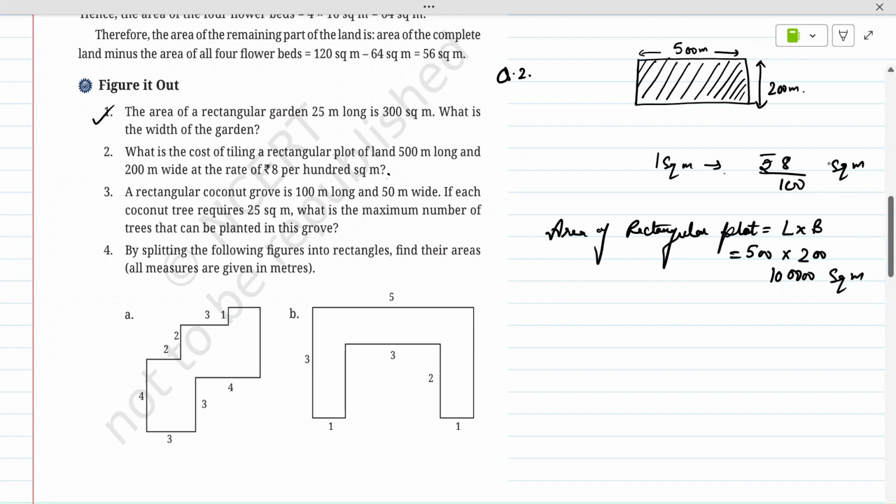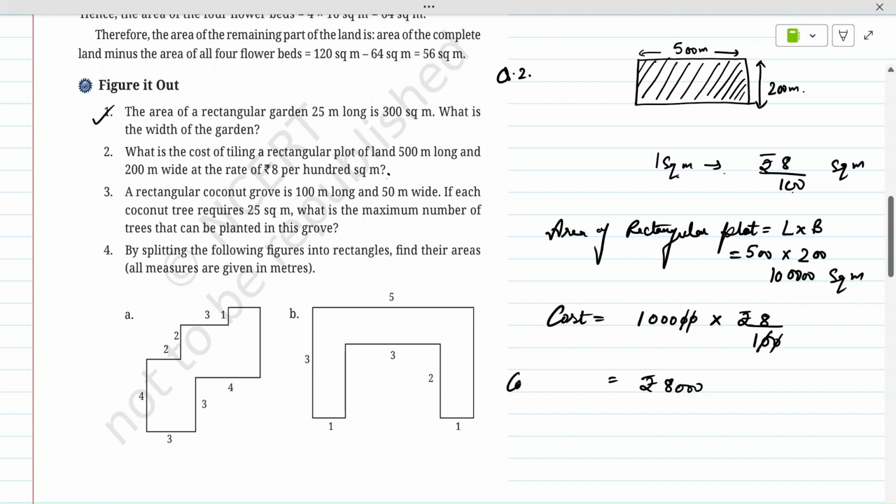Now what has to be done? It has to be tiled. How? The rate of tiling is rupees 8 per 100 square meter. So the total cost will be the entire land, 1 lakh, multiplied with the cost of rupees 8 per 100 square meter. So this zero cancels with this. The answer is rupees 8,000.